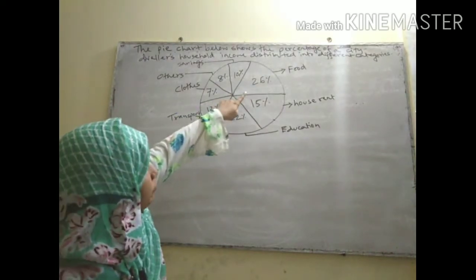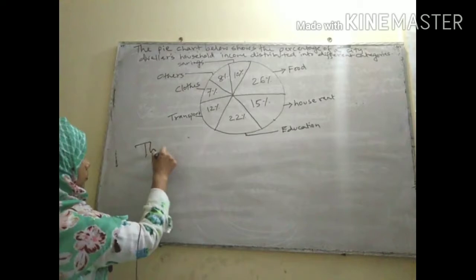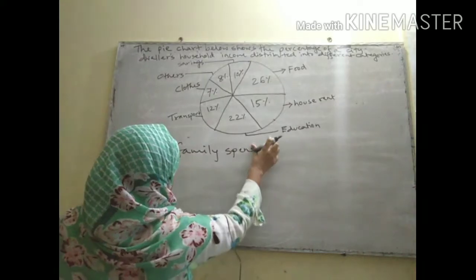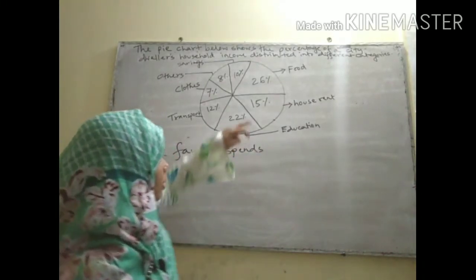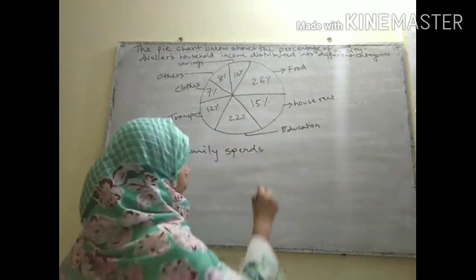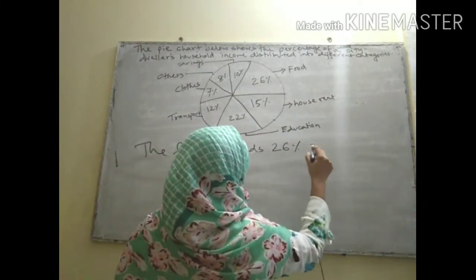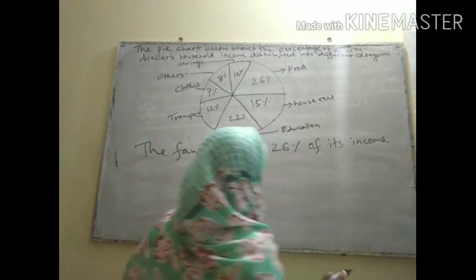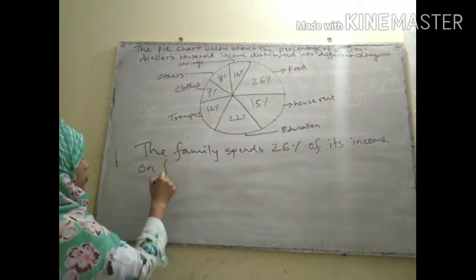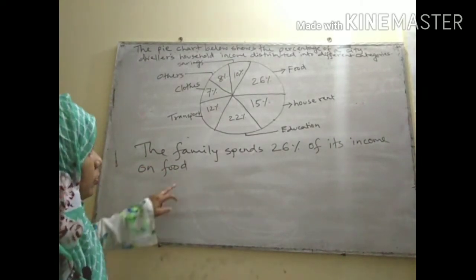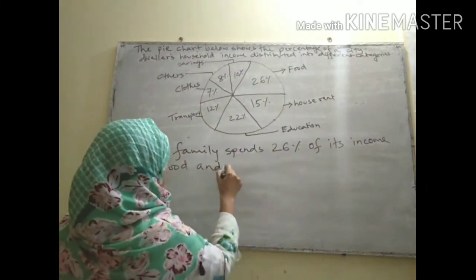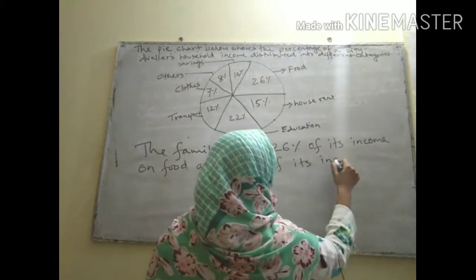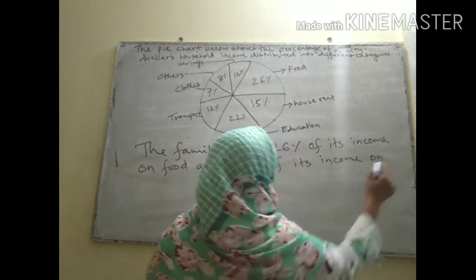Now we start from food. Okay, the family spends how much? 26%. 26% of its income on food, and 15% of its income on house rent.